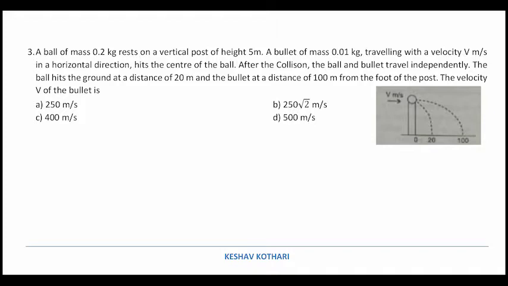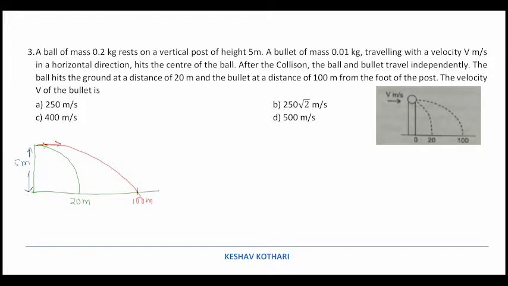So in this scenario, we are going to solve the projectile motion. For both the projectiles, that is the ball and the bullet, which are landing at two different places, that is 100 meter point and 20 meter point respectively, we are first of all interested in calculating the time which the particle takes to complete this projectile path.